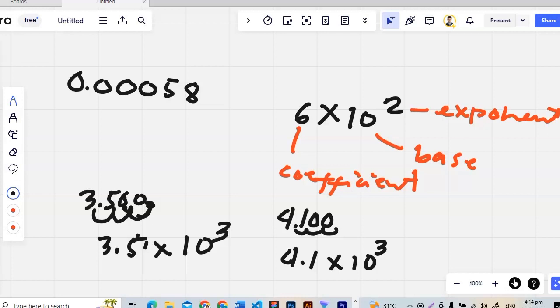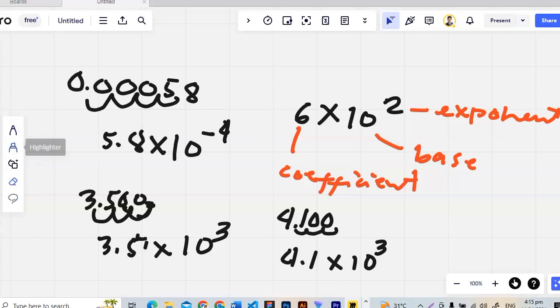So in this case, the decimal point is on the left, so we need to move it to the right. 1, 2, 3, 4. So it becomes 5.8 times 10 raised to, since you moved to the right side, this will become negative 4. Raised to negative 4. Right.